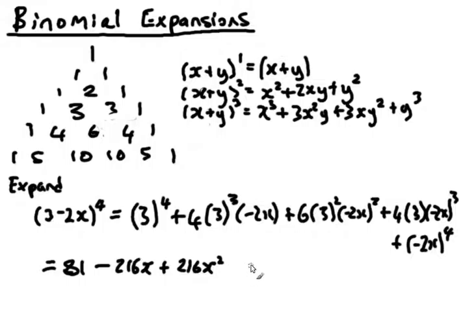And then the next one we're going to have 8 times 12, which is going to be minus 96x cubed. And lastly we're going to have plus 16x to the power of 4. And that's a fairly common kind of question for just a very simple question at AS.